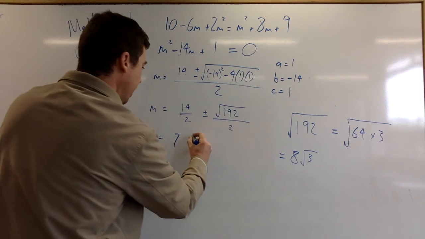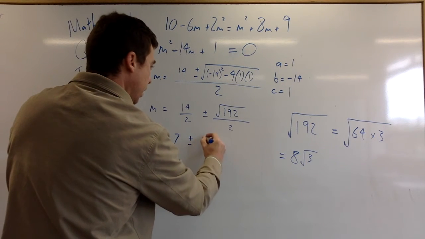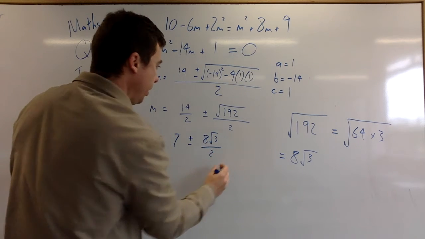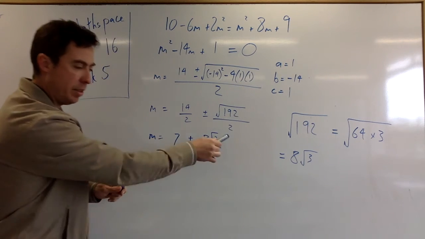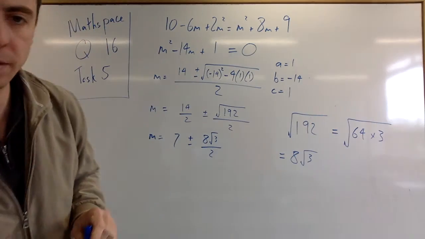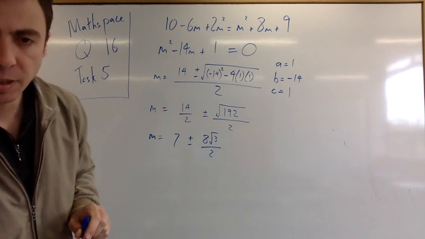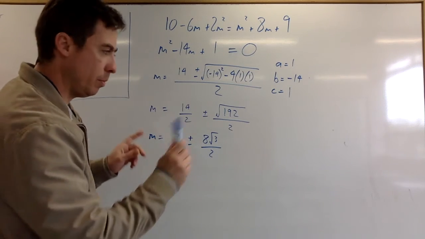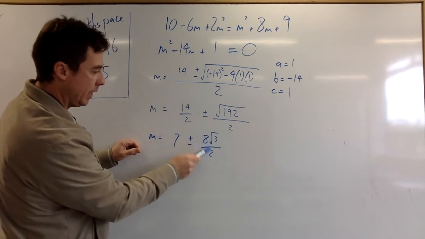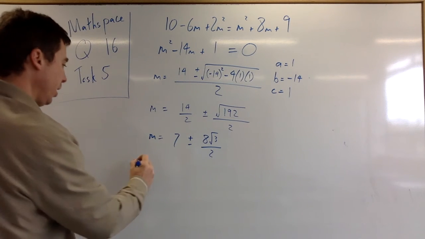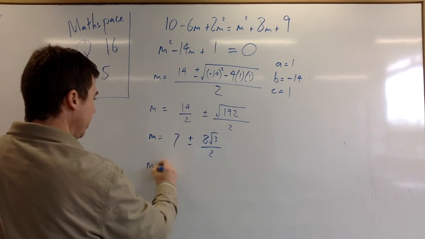So we get plus or minus 8 times square root 3 divided by 2. I've changed the 192 to 8 root 3. Don't need that anymore. One more bit of tidying. 8 divided by 2, I can do that. That's 4. So I've got two solutions for m.